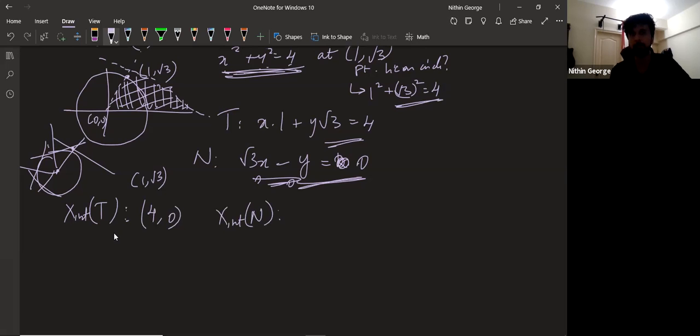Simply put y equal to 0. And we know that the x-intercept of the normal will be 0 because it is the point 0 comma 0 actually. So x-intercept of the tangent is 4 units and x-intercept of the normal is 0 units. So we have the 3 points here, 4 comma 0, 0 comma 0, 1 comma root 3.